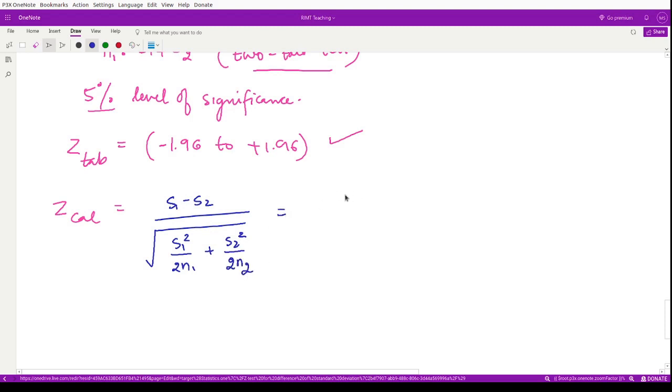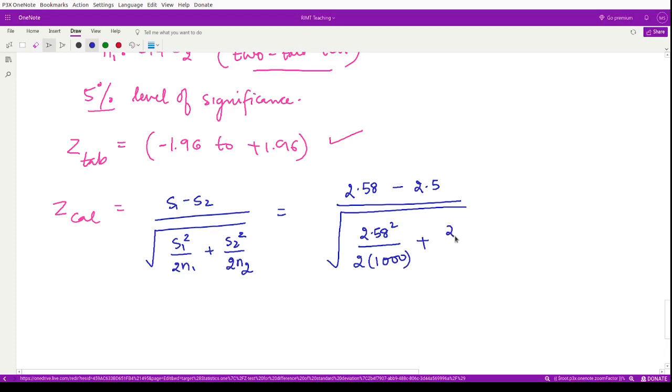So the values given to you are 2.58 minus 2.5 divided by square root of S1 square, that is 2.58 square divided by 2 into n1, n1 is 1000, plus 2.5 square divided by 2 into 1200, right? So all this data is given to you in the statement of the question. Now we have to compute this.